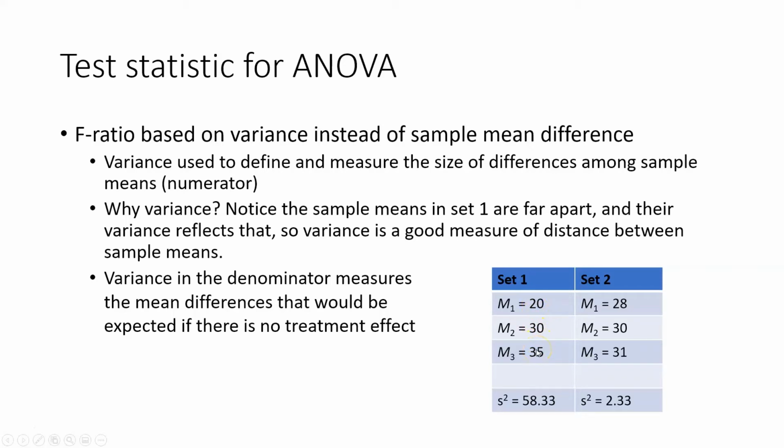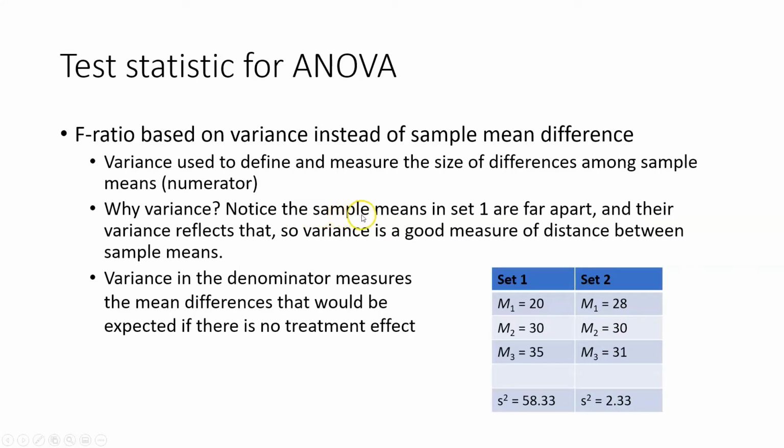And if you compute the variance, S squared, for those 3 groups, you would get 58.33. Set 2 has 3 other imaginary treatments, 1, 2, and 3, but their means are much closer together, 28, 30, and 31. You can see how close they are together. The variance of those 3 means is much smaller, 2.33.